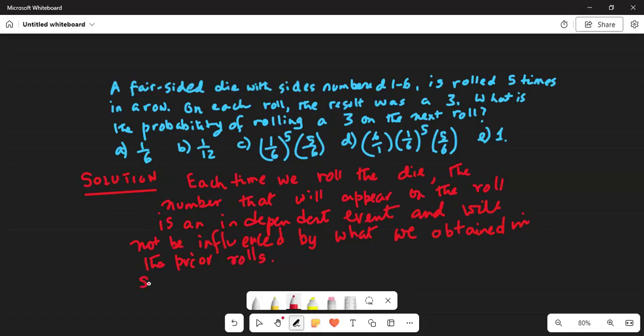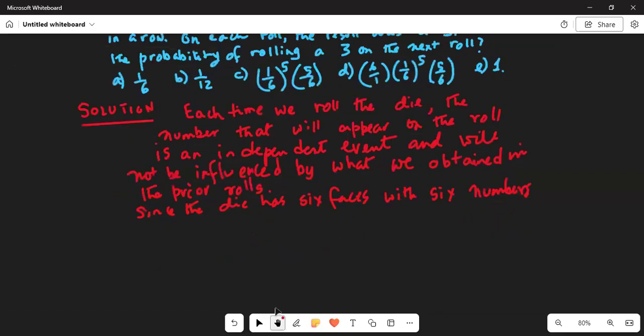Now, since the die has six faces, with six numbers inscribed, let me move this a little bit up.